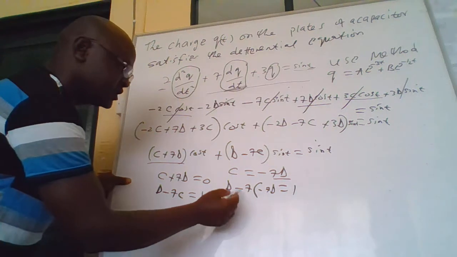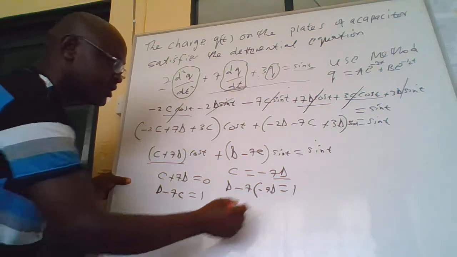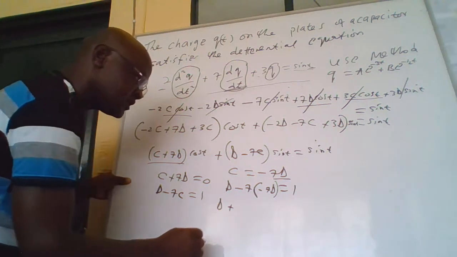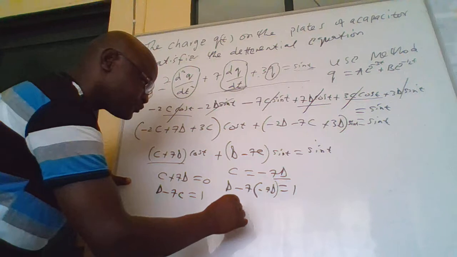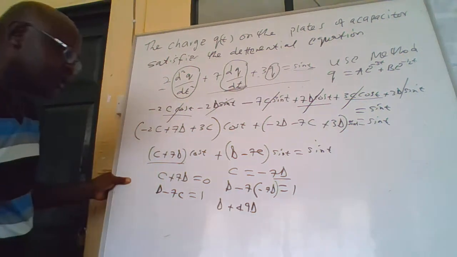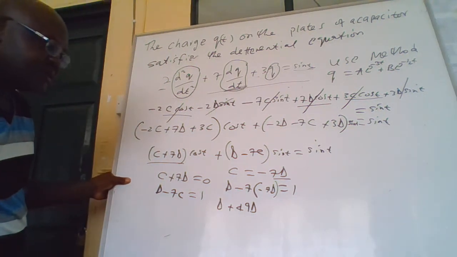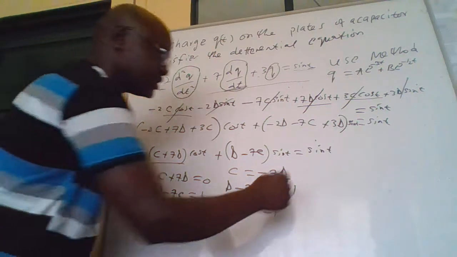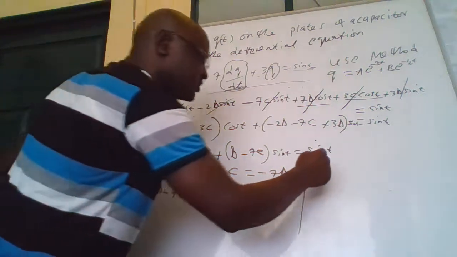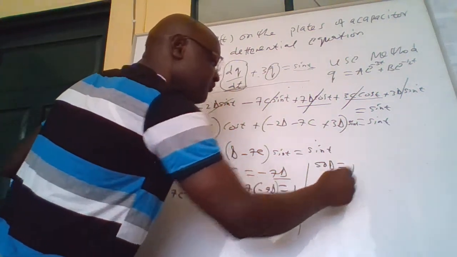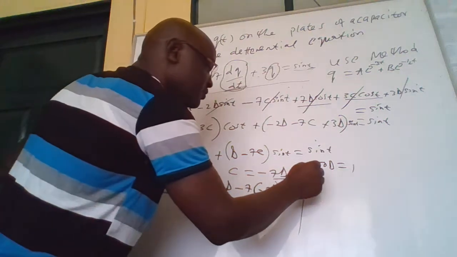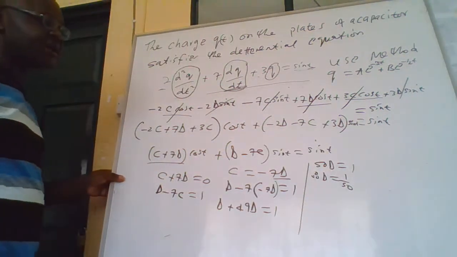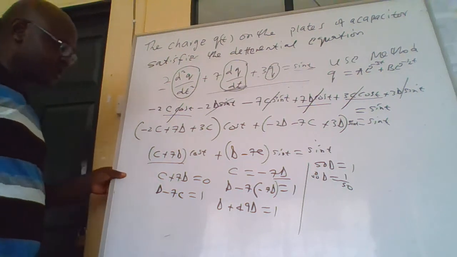So D, and here we multiply, so it will be positive, D plus 49D equals 1. What does it mean? It means that 50D equals 1. Therefore, D equals 1 over 50. You divide through by 50 to get the value of D.